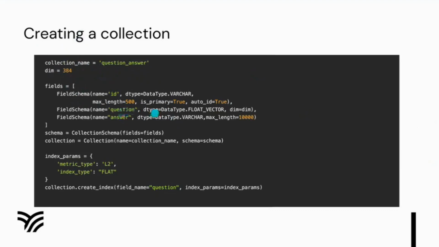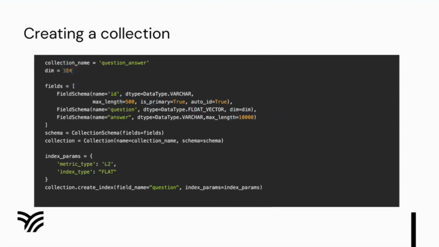The embeddings would always be stored inside the float vector data type, and we need to give the dimensions of the vector. The general rule of thumb is that the larger the dimension, the more semantic information we can store inside that vector data. Since we are storing textual information, we have a 384 dimension vector.